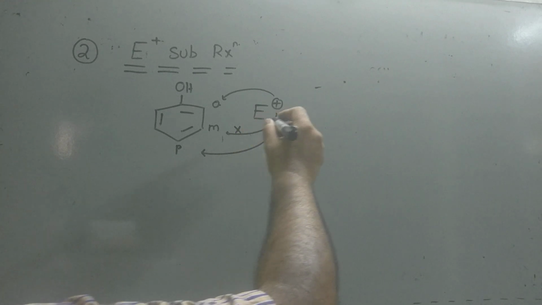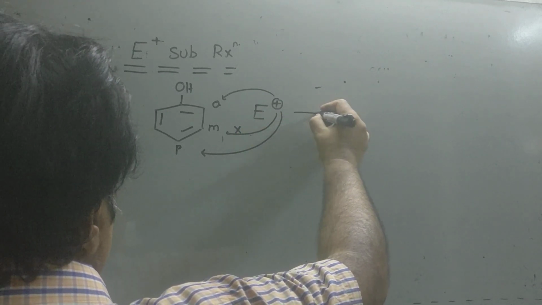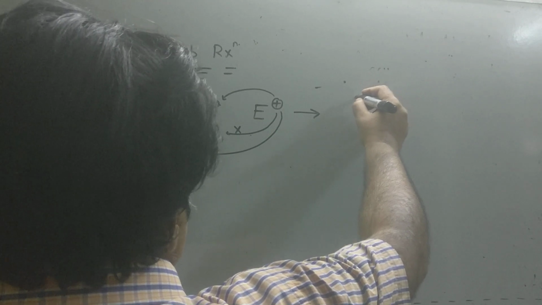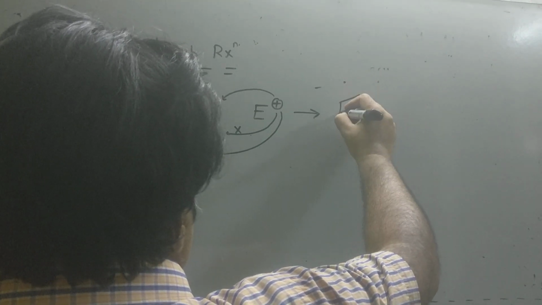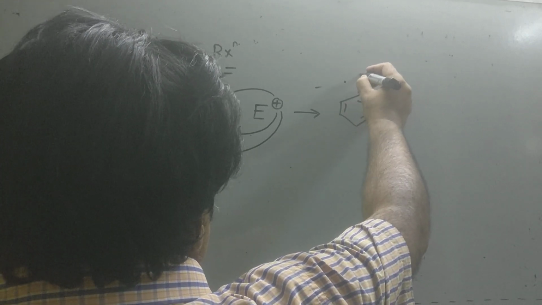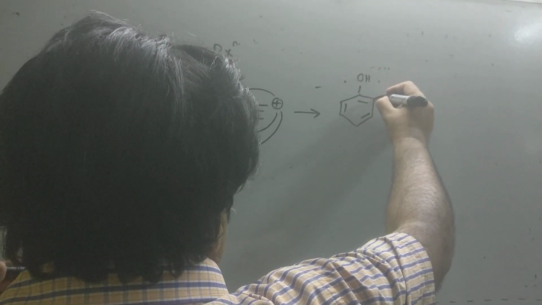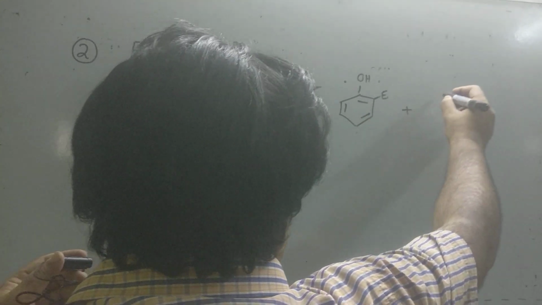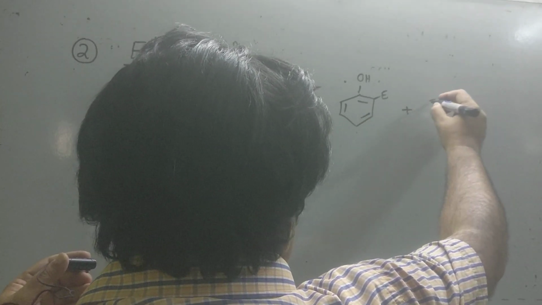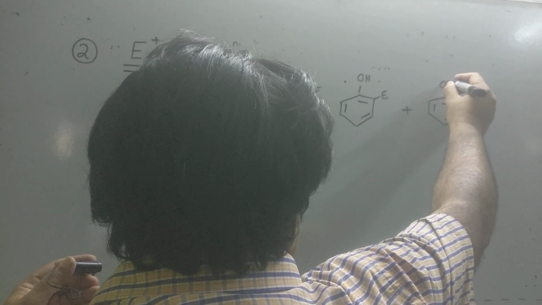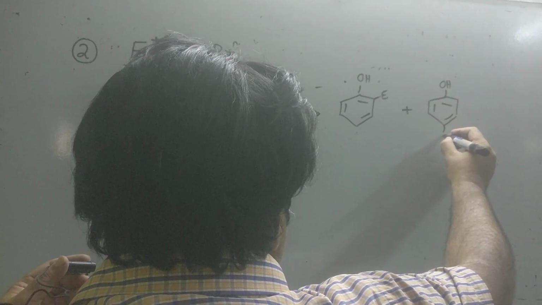Over here only the hydrogen will be replaced by the electrophile, or in the para position the hydrogen may be replaced by the electrophile. So when phenol undergoes electrophilic substitution reaction, we get a mixture of two products. The hydrogen from the second position may be replaced by the electrophile, giving an ortho product, or the electrophile may attack at the fourth position, the para position.